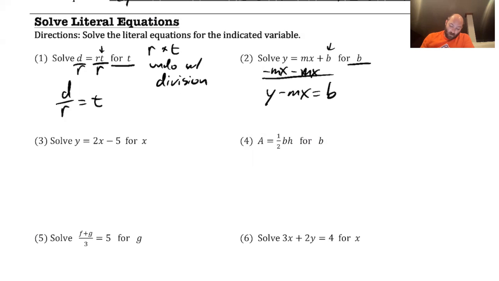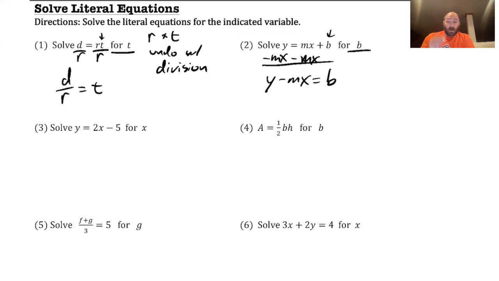Number three, y equals 2x minus 5. I'm going to solve for x. This one's going to take two steps, because if I look at it, the order right there is that x is being multiplied by 2, and then it's subtracted by 5. So I want to do the solving here. I'm going to start off by undoing the subtraction. So that's gone, and we're going to end up with y plus 5 equals 2x.